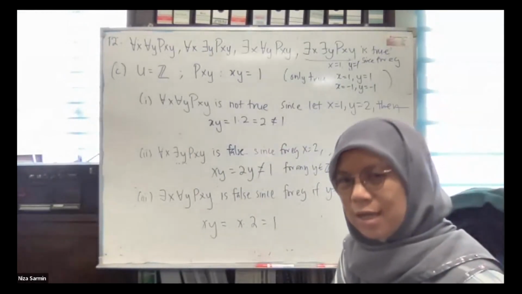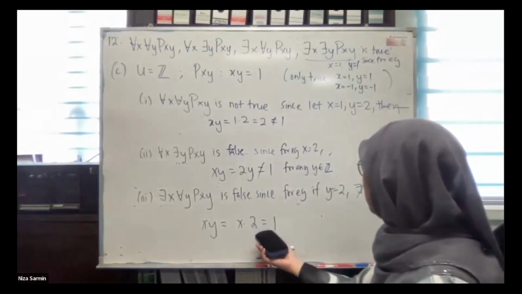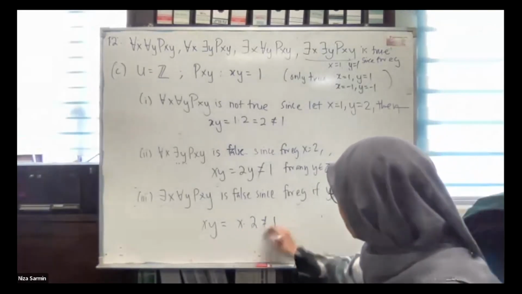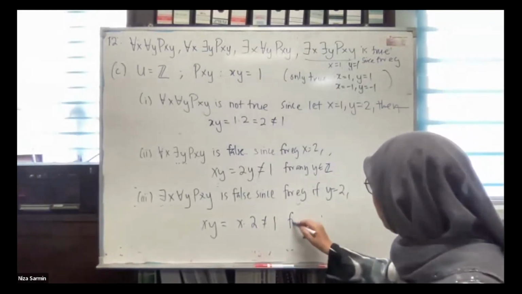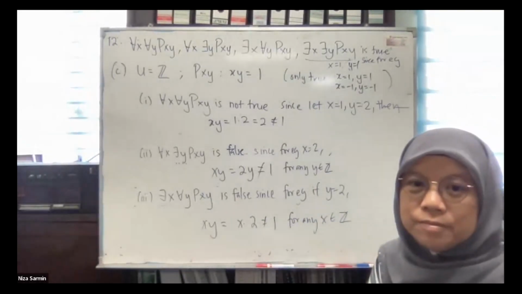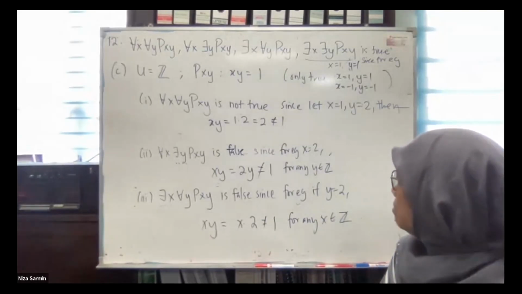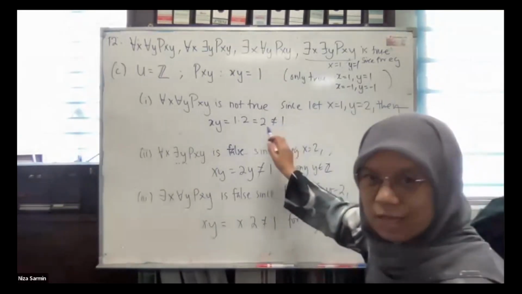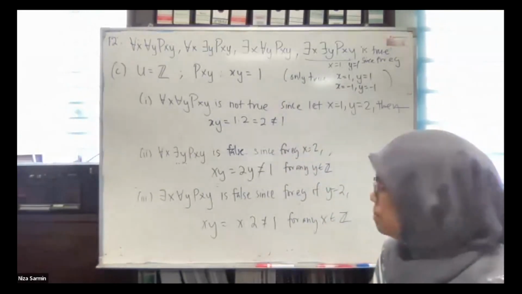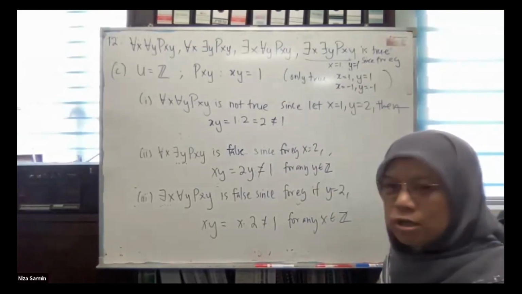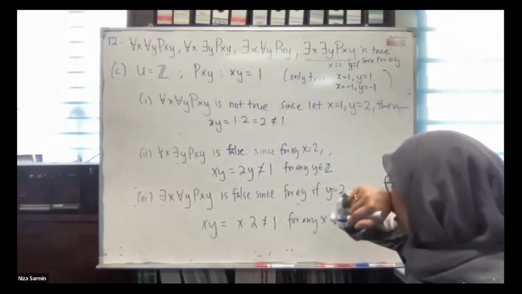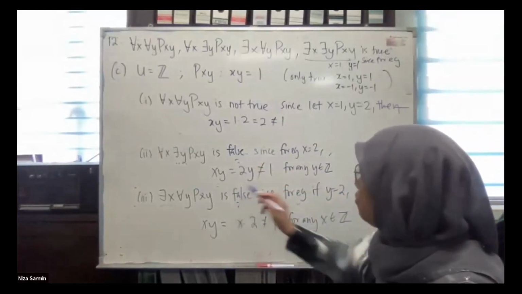It is the same here. If you want to put no x, you will say this cannot be 1, then you put for any x in Z. That is also possible, because you are saying not equal to 1 here, because we want it to be 1. The way of writing is a bit different. It's never 1, that's why it's false.